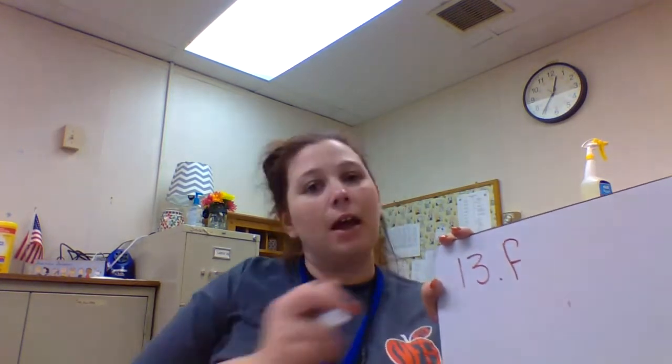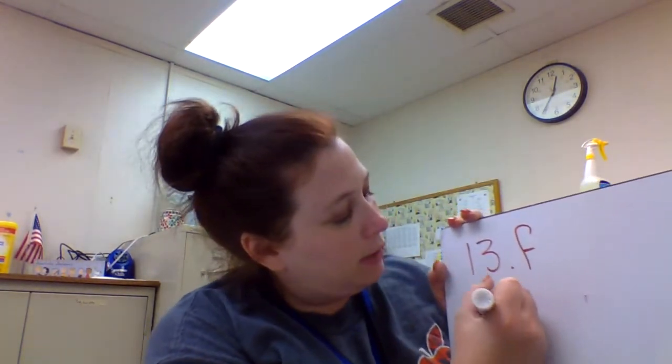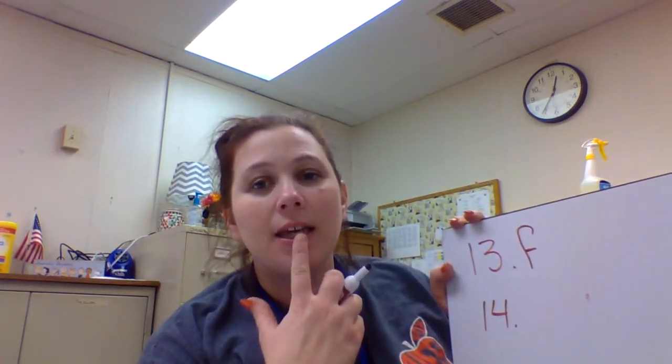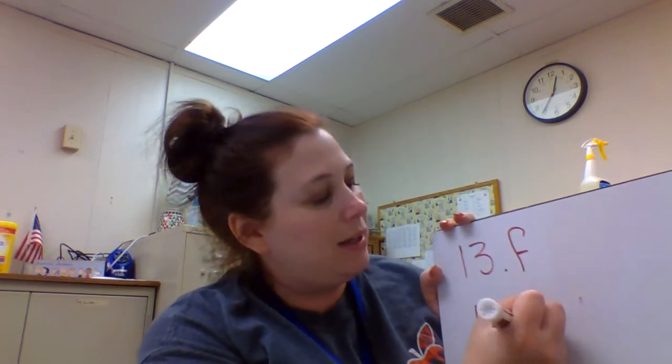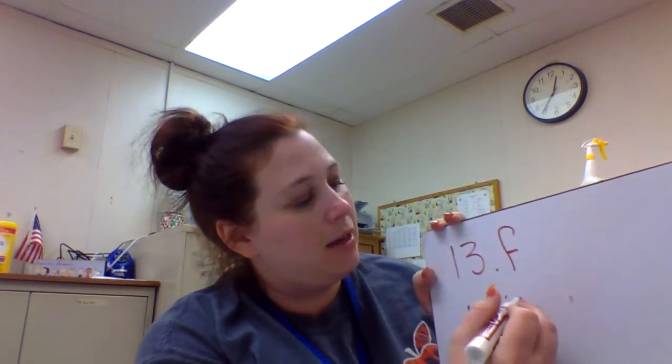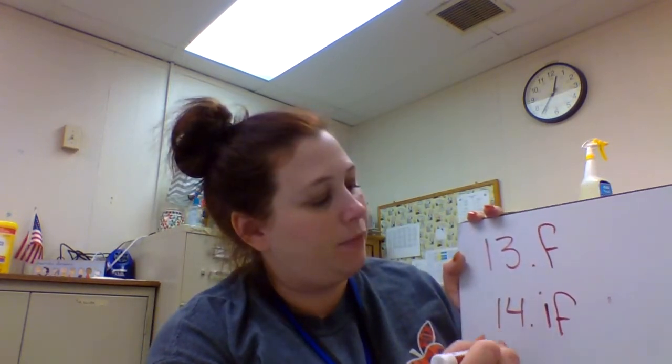Next, we're going to practice spelling a few words that have F in them. So for number 14, we see that that's a word that has two letters, and it's if. If. I, and F, if.